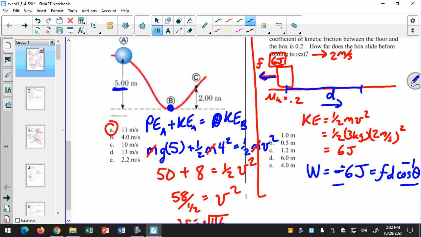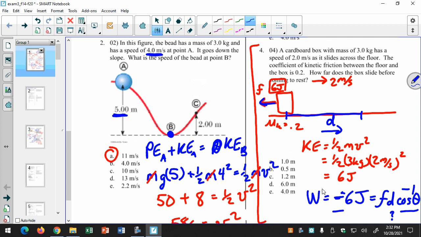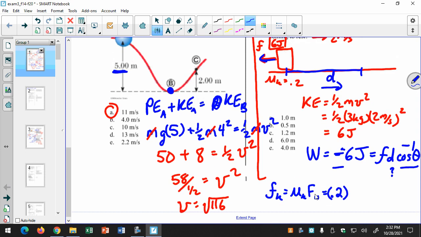I don't know what d is. I also don't know what Fk is. Now Fk, you're going to have to remember back to chapter 4. Remember that Fk is equal to mu k times the normal force. That's 0.2. That's given in the problem, right? The coefficient of kinetic friction is 0.2.